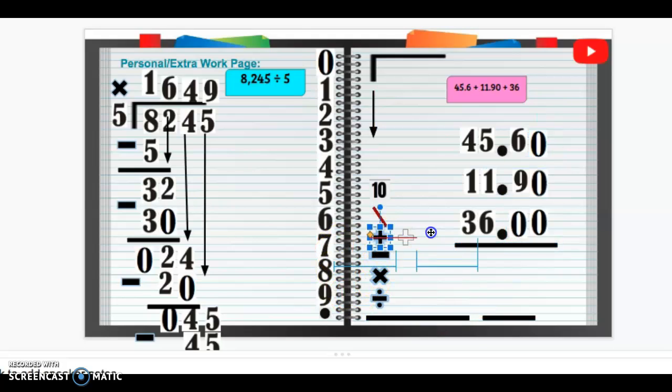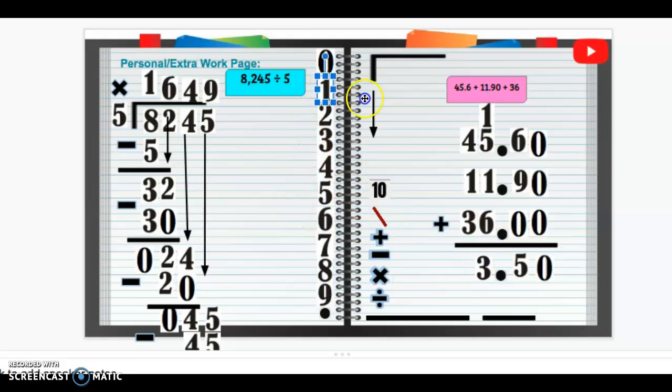Before you start adding, make sure you drop the decimal point straight down. And then you start to add. 0 plus 0 plus 0 is 0. 6 plus 9 is 15. 15 plus 0 is still 15. So you put your 5, bring up your 1. 5 plus 1 is 6. 6 plus 1 is 7. 7 plus 6 is 13.